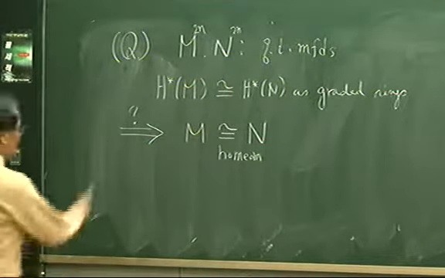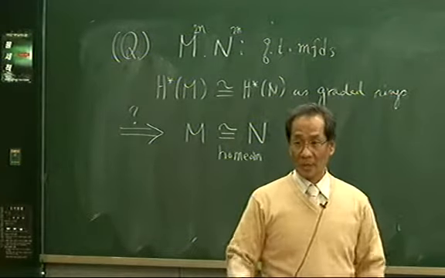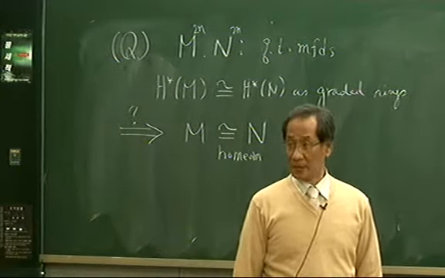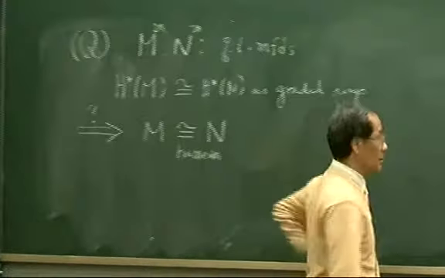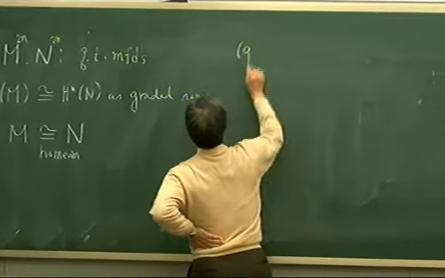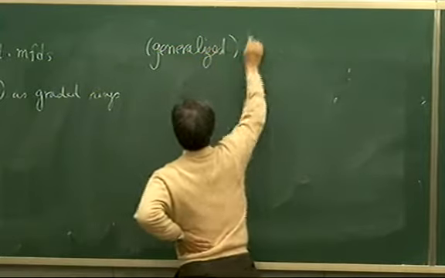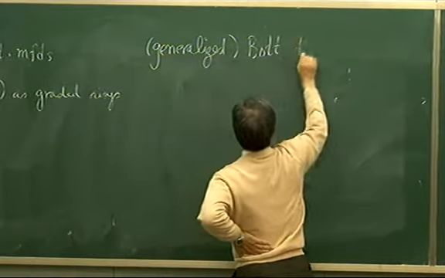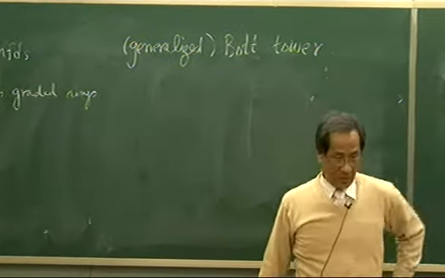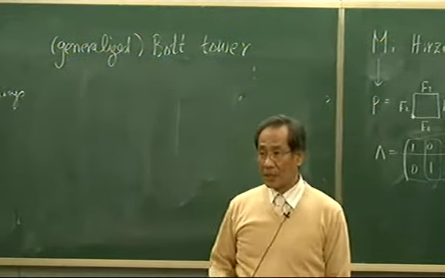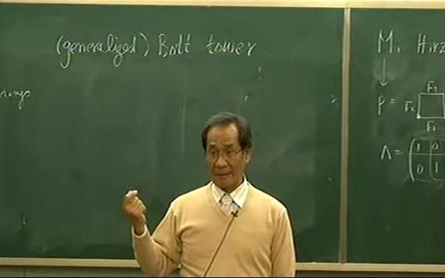Okay, so for this, let me narrow down this question to a more reasonable subclass of manifolds where you can think of. So let me talk about Bott towers. Again, this name is also not so fair because this construction first appeared in a paper by Bott and Samelson.